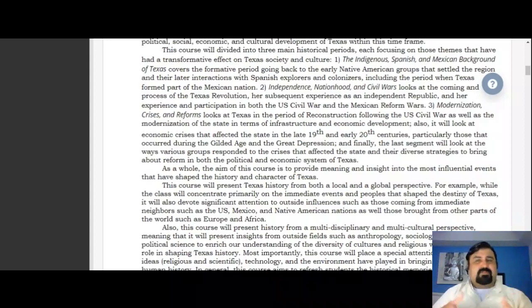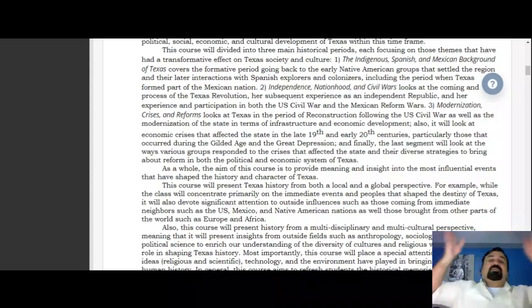Once we have that first exam, we move into the second historical period of Texas history, called Independence, Nationhood, and Civil Wars. This is following a timeline, if you will.